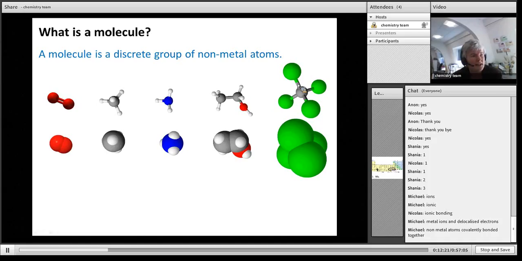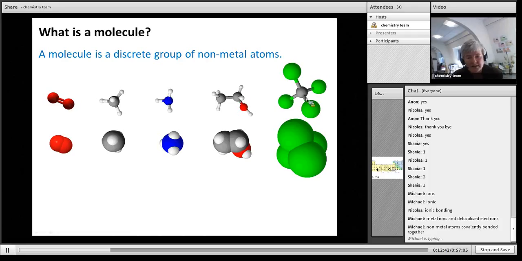And here I've shown the ball and stick model to show what the bonding is between the atoms within the molecule. So what sort of bond have I got here and here and over here? Is that a covalent bond or an intermolecular bond?